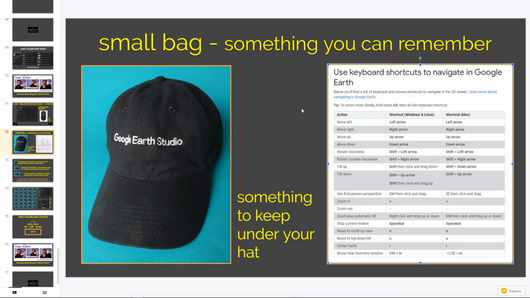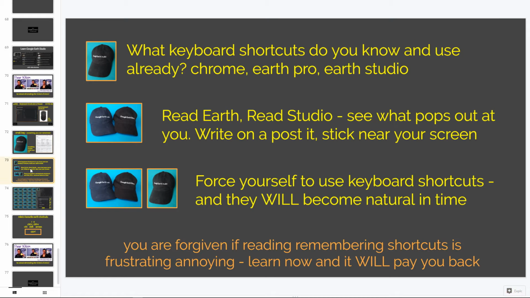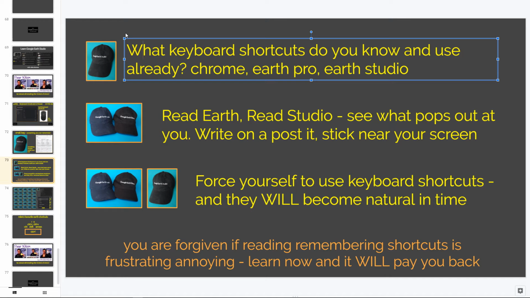And so moving on again, what we get here is my 1, 2, 3 set of tips, and then I'll highlight the difficult or challenging thing. Number 1 on the tip set, and that is what keyboard shortcuts do you know and use already? That could be in Chrome, Earth Pro, Earth Studio.